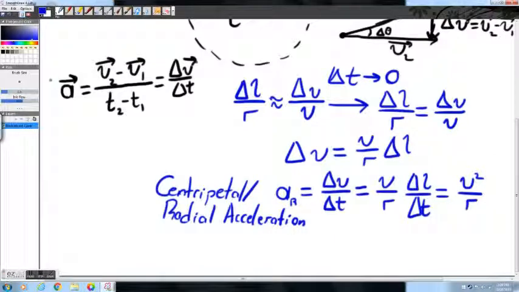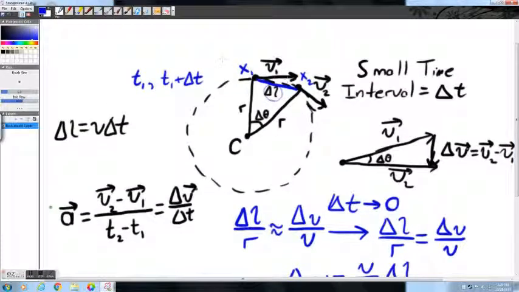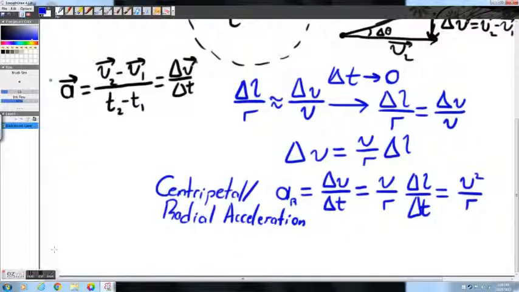So, in summary, if we have an object traveling through space in a straight line with velocity v, and remember that if there are no net forces acting on an object, then it will travel in a straight line forever.